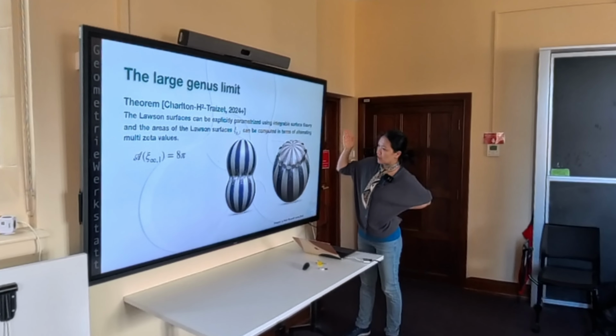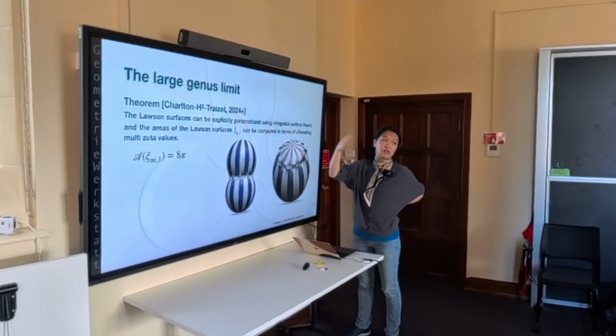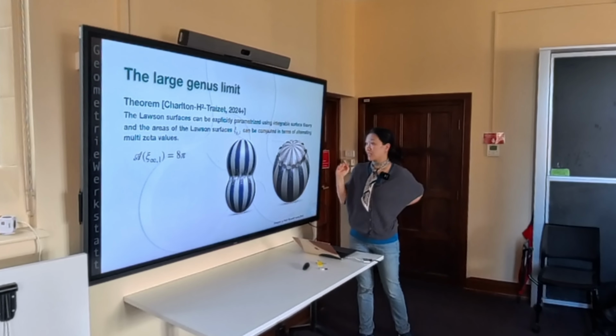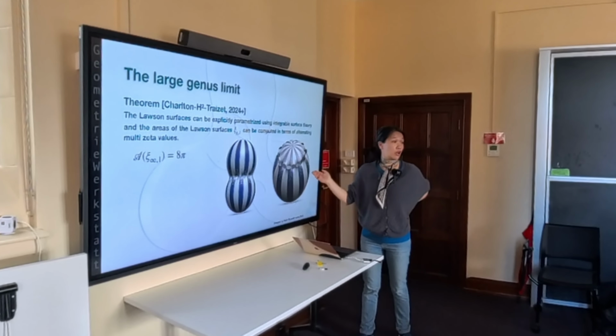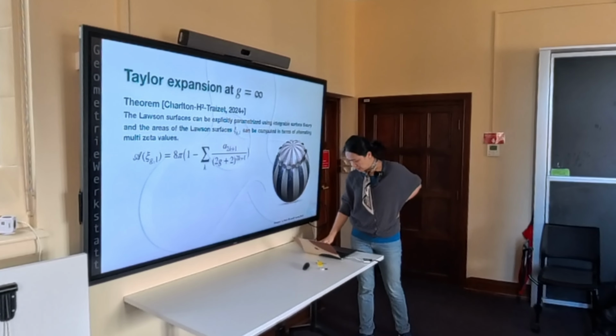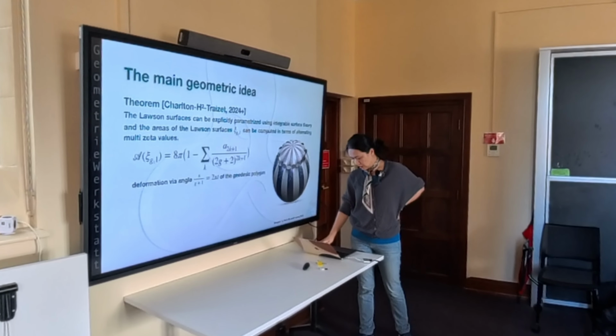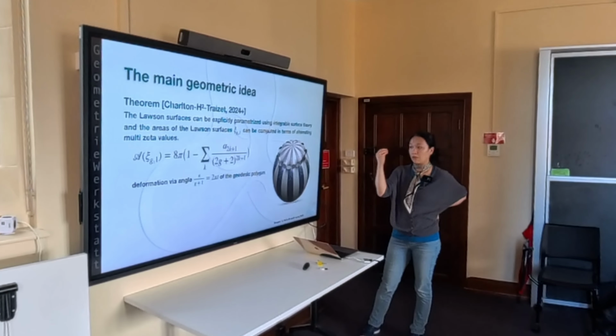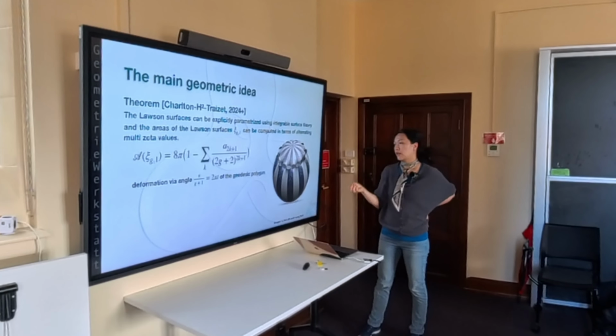But what we can do now is we can compute, for example, because we have this parameterization quite explicitly, we can compute the area. Okay, and the Taylor expansion looks as follows. So we take the deformation parameter being our angle, right?